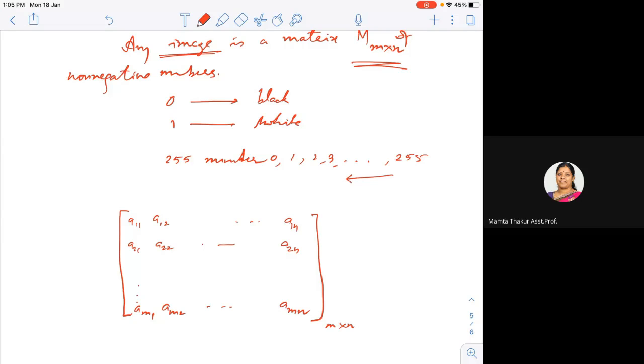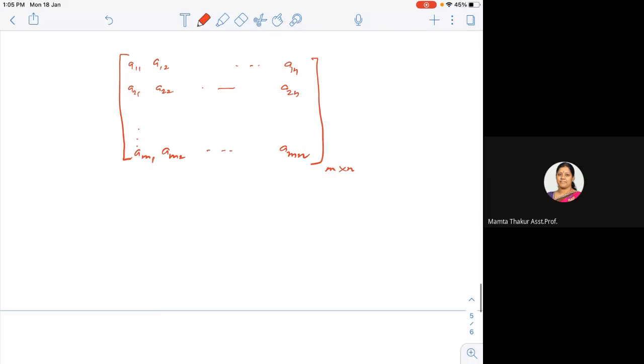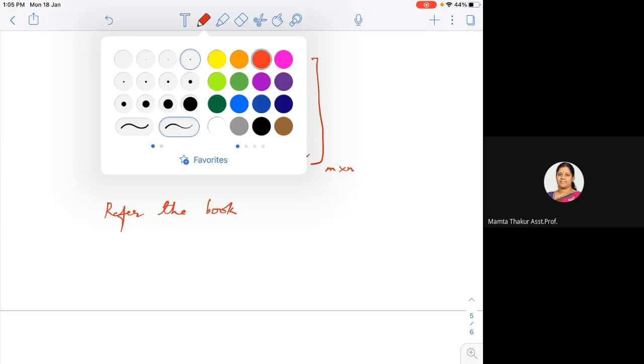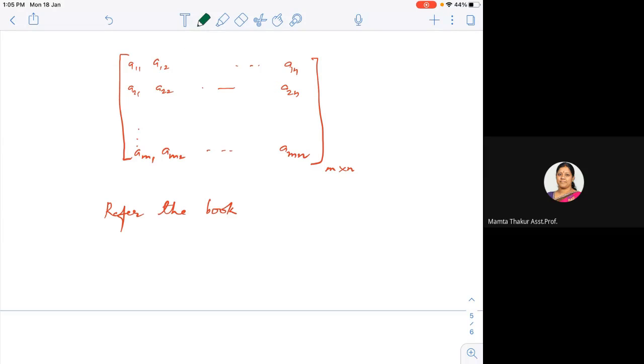I request you to look into an important book which addresses these aspects. The book's name is "When Life Is Linear".